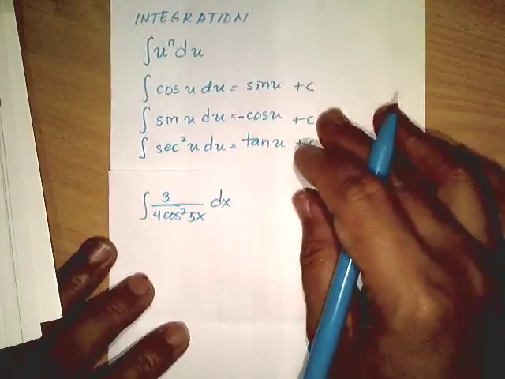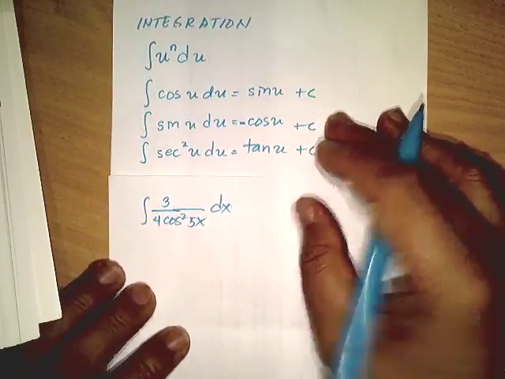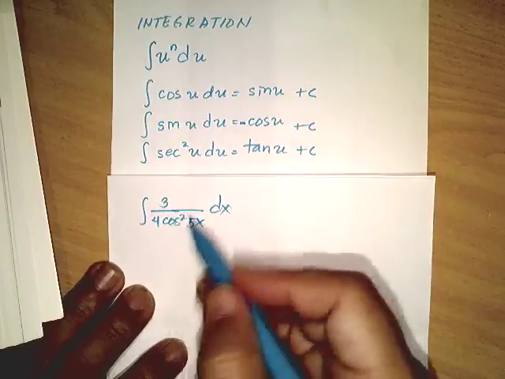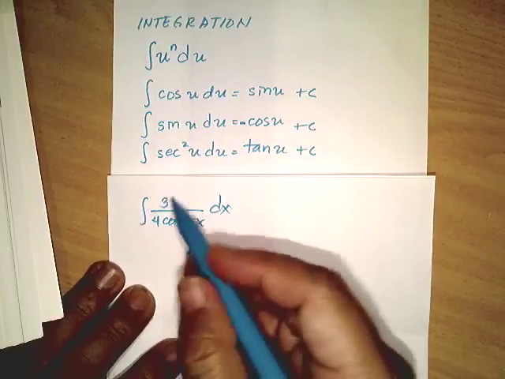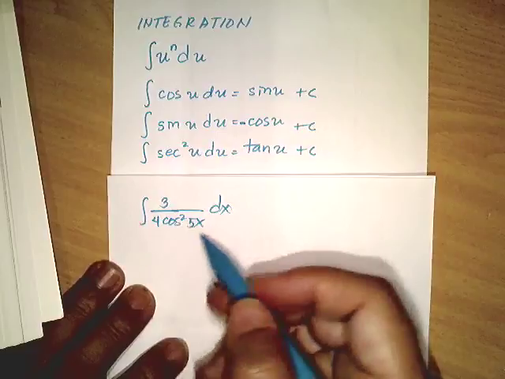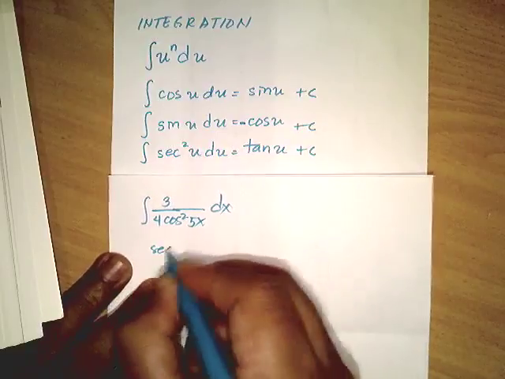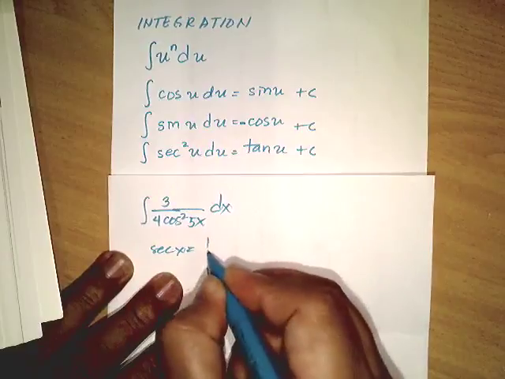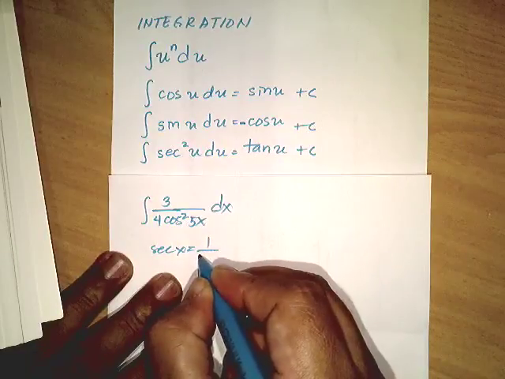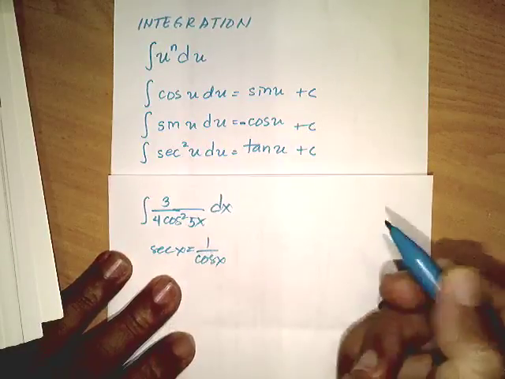Here, if you have 1/cosine squared like this, we all know that secant x is equal to 1/cosine of x.